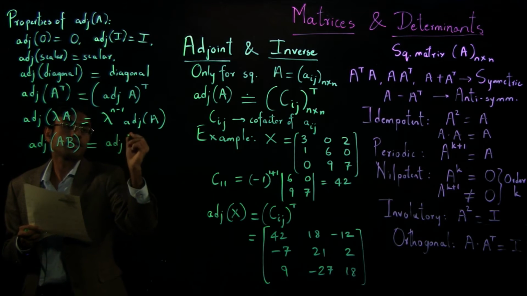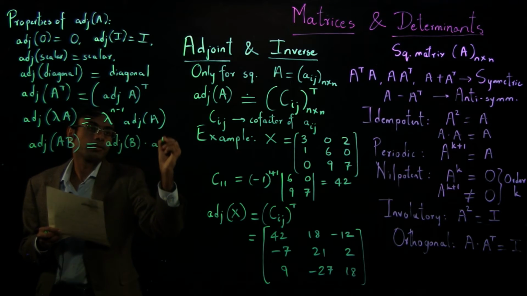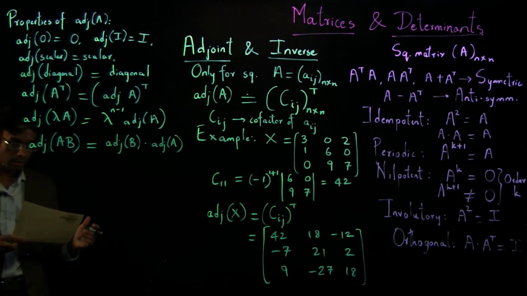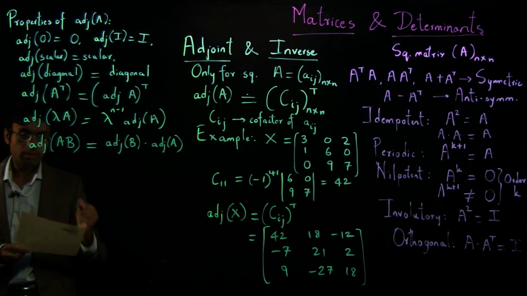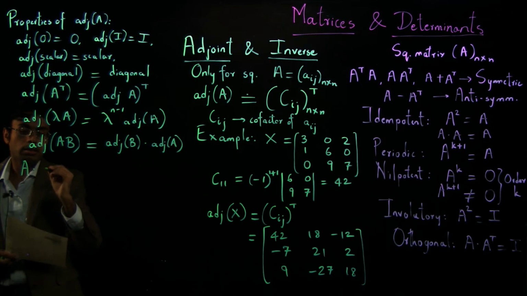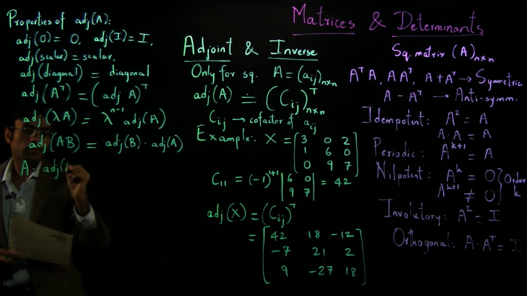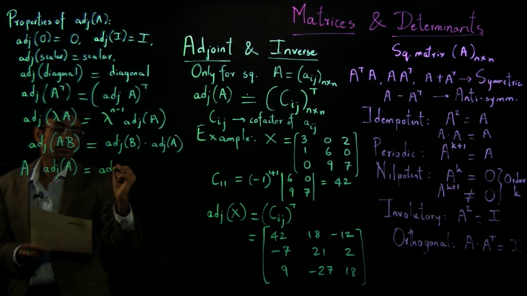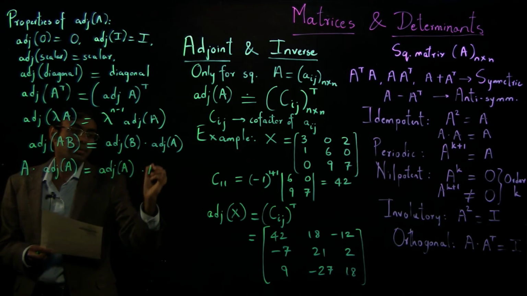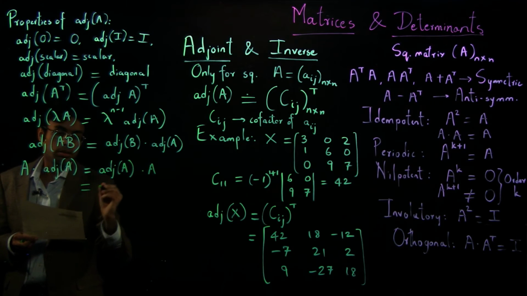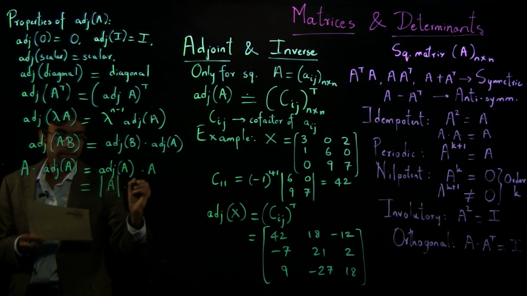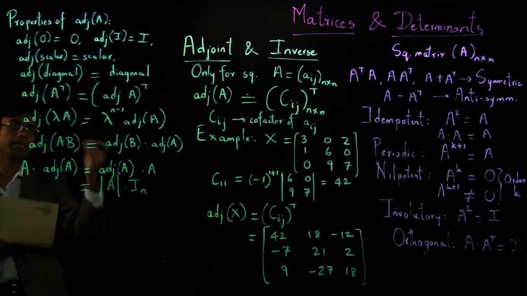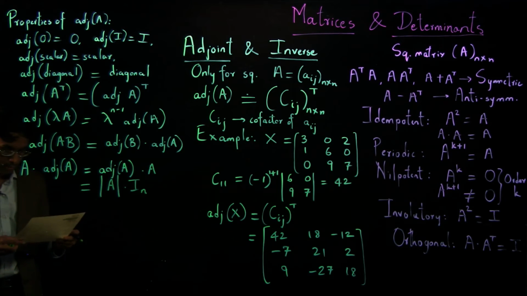So it becomes adjoint of B times adjoint of A. And then if you pre-multiply an adjoint by the matrix itself, it doesn't matter the order in which you do it actually, A times adjoint of A, the result is simply the determinant of A times the identity matrix of nth order, where n is again the order of the original matrix.